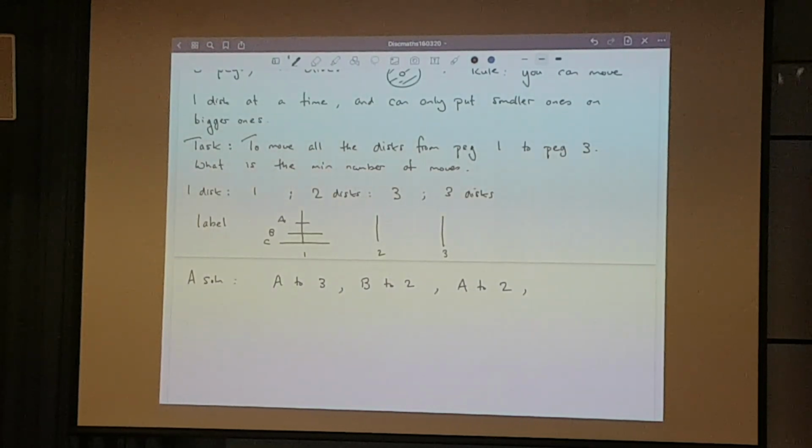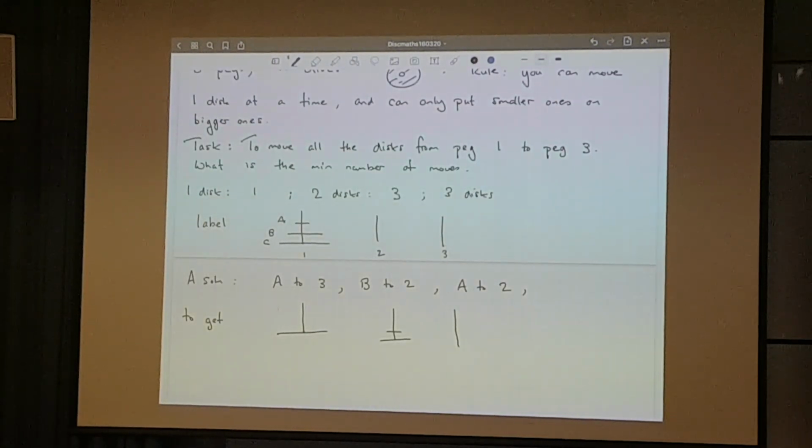If we pause at that point, we've moved 2 discs, so we've taken those 3 moves that we did before to move them to peg 2. And now we move the big one, C, to peg 3, and then we do the 2 disc moves again.